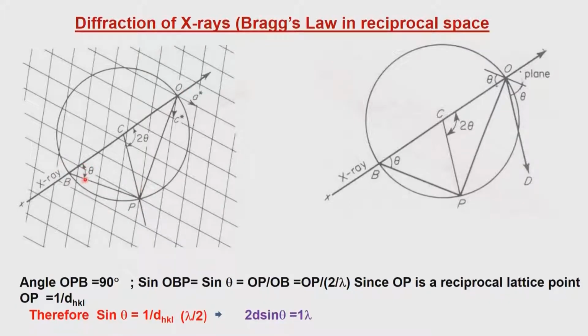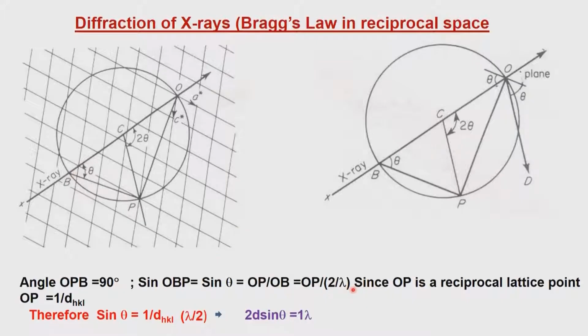So, what we are looking at is the sine of OBP. It will be OP, which is this distance from the reciprocal lattice origin, divided by the diameter of this Ewald circle, which is equal to 2 divided by lambda. So, it will be OP divided by 2 divided by lambda.